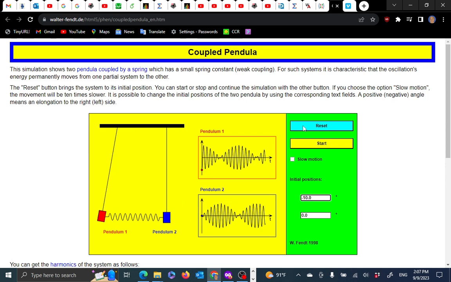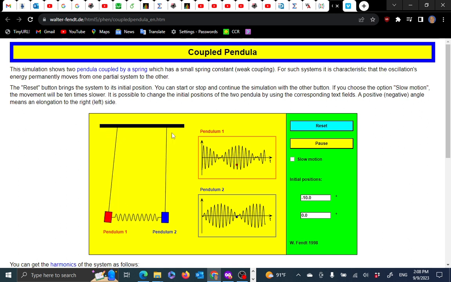Let's see. It's something similar to that spring mass system that we just saw. Energy from pendulum 1 goes to pendulum 2, and you see this one kind of stops, and then again it goes back from pendulum 2 to pendulum 1.